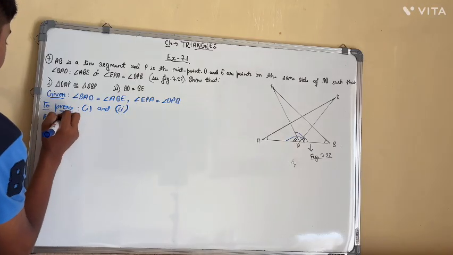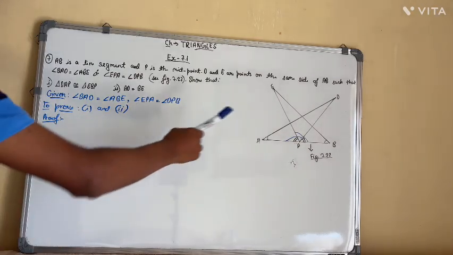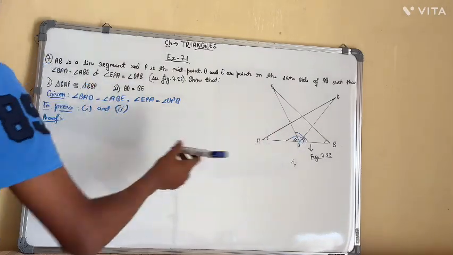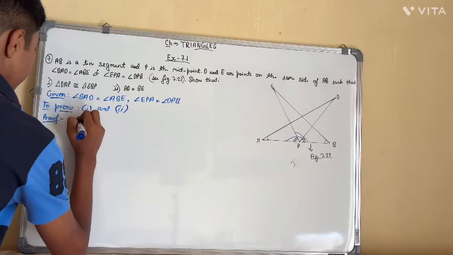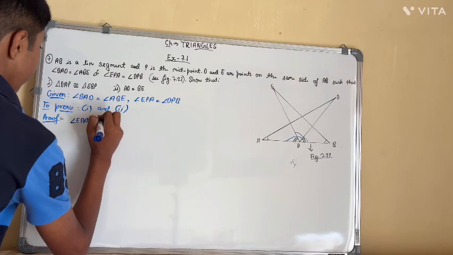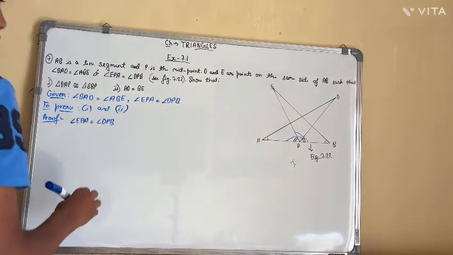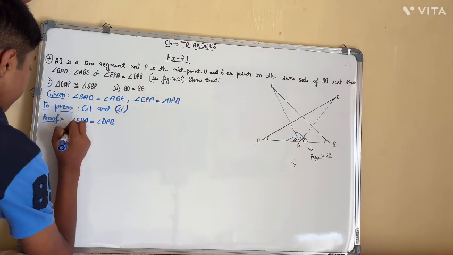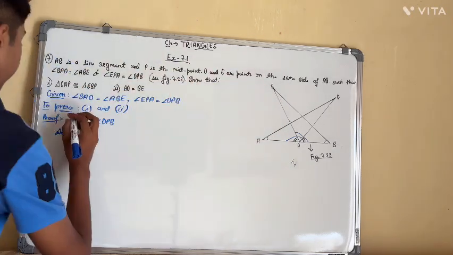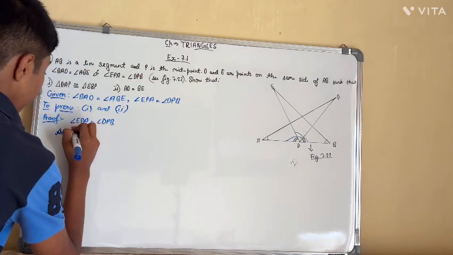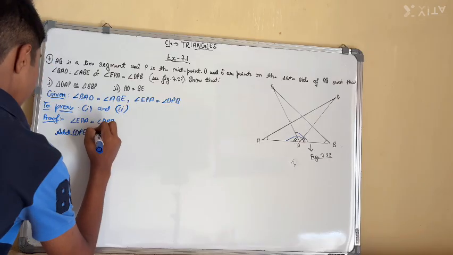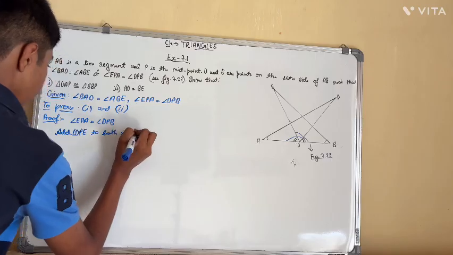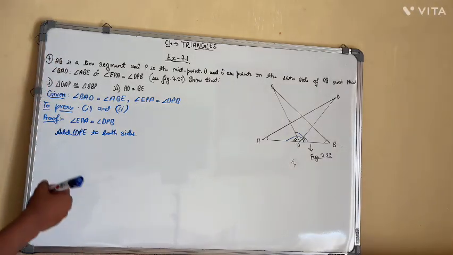So firstly we can say that angle EPA is equal to angle DPB. Okay, this we know. We have to add angle DPE to both sides of this expression.